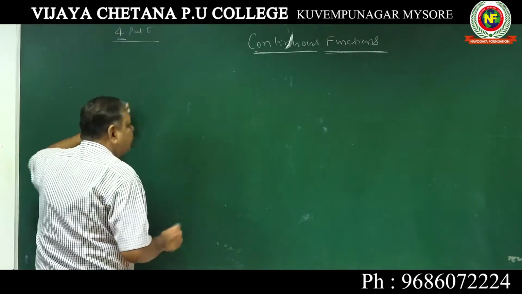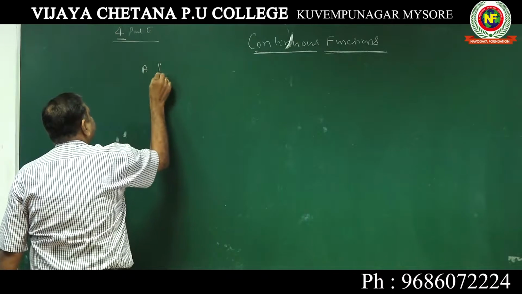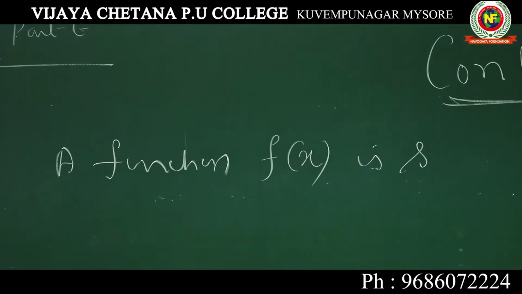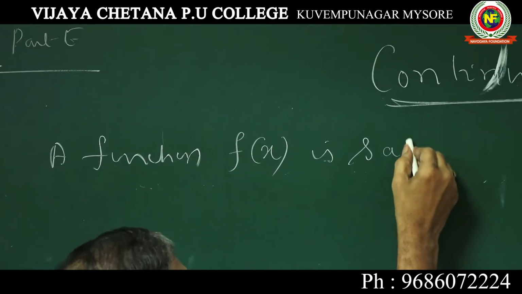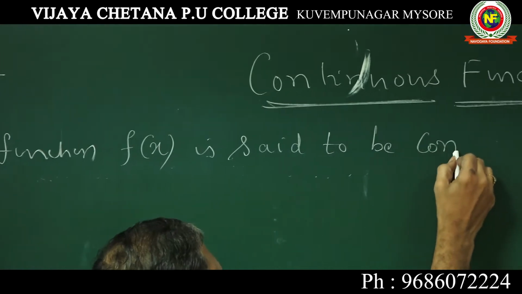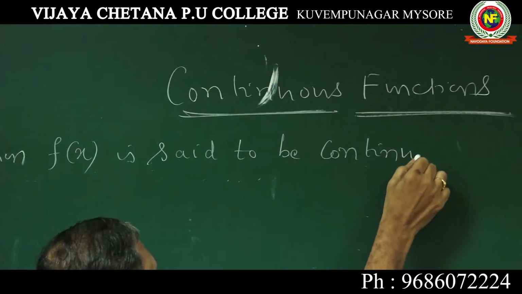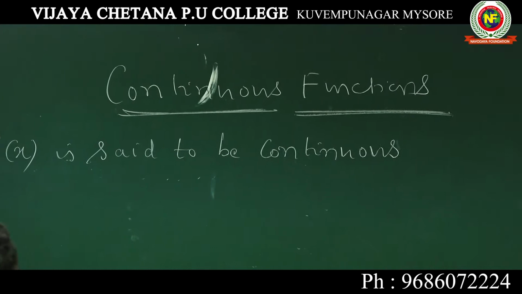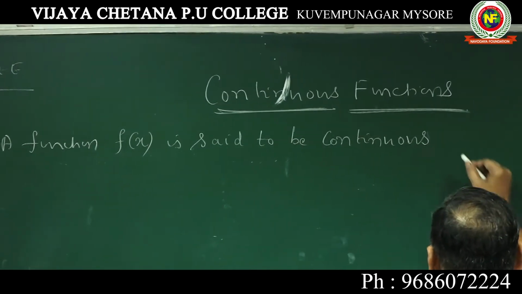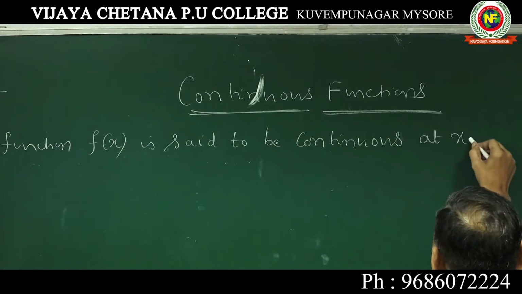Take down the definition slowly and write. A function f(x) is said to be continuous at x equal to c.